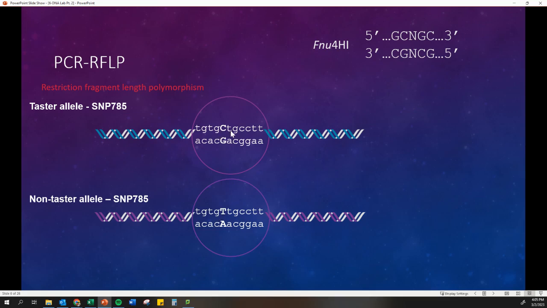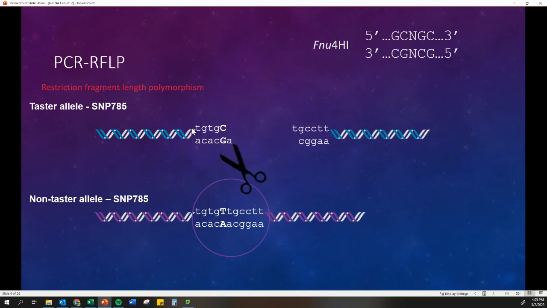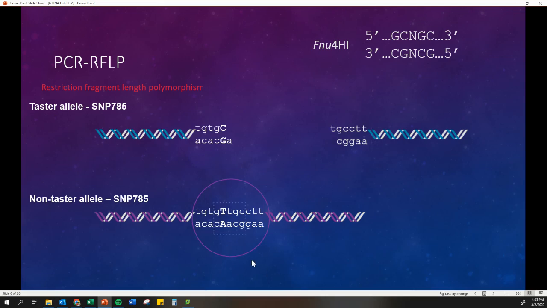So here we see GCTGC, which would be recognized by our restriction enzyme, but GTTGC is no longer recognized. So that means if we have a taster allele, it is going to be cut, and we will see two different DNA pieces. The DNA will be cut into two pieces. When a non-taster, it is not going to be cut. Okay, that's why we're exploiting this sequence that this particular enzyme uses.